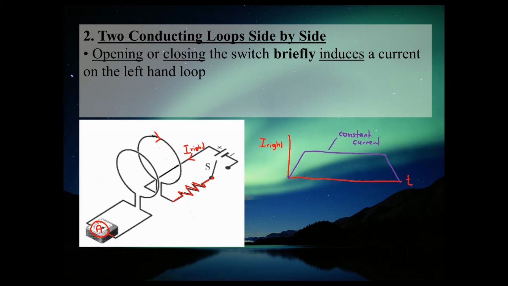So if we take this part of the graph, I'll just highlight it in green. This part of the graph was dealing with when the switch was closed. And in that time span, where the electrons go from not moving to moving at some constant speed, we induce current on this left-hand loop, but only in that time when the current is changing.